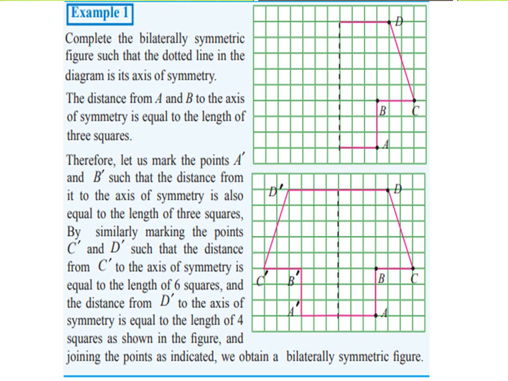And then going down 6 squares, you can keep a point as C. It is the second vertex over here. And then again coming to the left, after 3 squares, mark a point and mark a vertex and name it as B. Then again coming down, after 3 squares coming down, mark the point as A. Then take A again to the axis of symmetry.